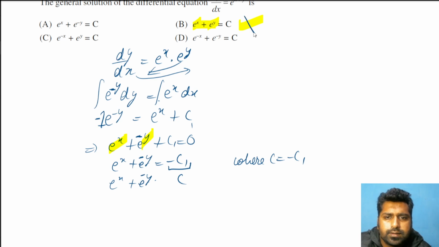So I don't think the earlier one is the correct answer. Then e raised to power x is only positive, e raised to power minus y is here, e raised to power x is here. This is the correct answer. My bad. So for this question, your answer is option number A.